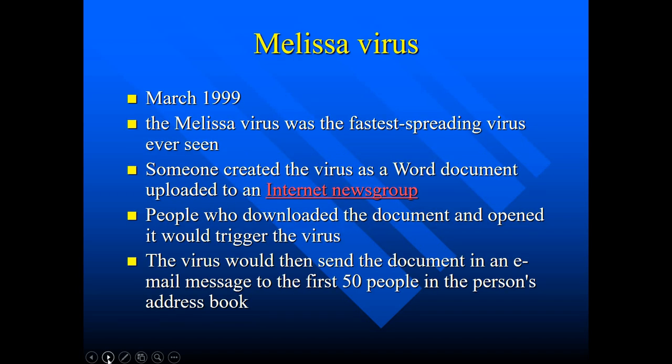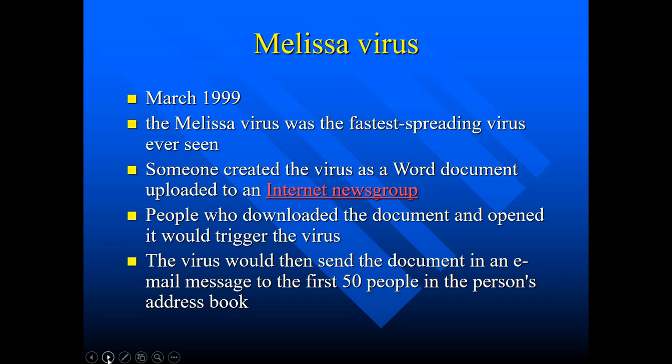We'll see the Melissa virus, which was released in March 1999. The Melissa virus was the fastest spreading virus ever seen. Someone created the virus as a Word document uploaded to an internet news group. People who downloaded the document and opened it would trigger the virus.